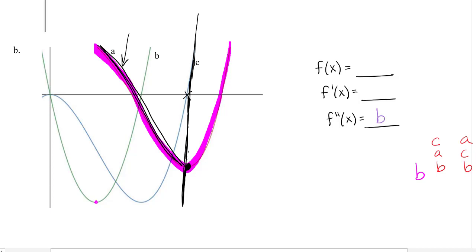Okay, so that means that if truly A's derivative is C, then C should be below the x-axis the whole time. So look, it's below, below, below, below, below, below, below, below. Yep, that worked. And then it's above.